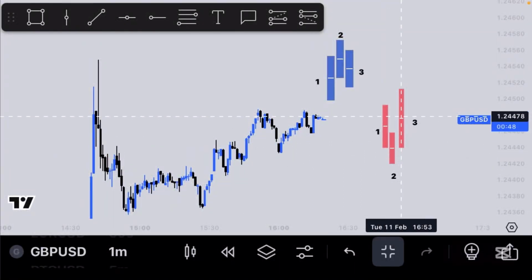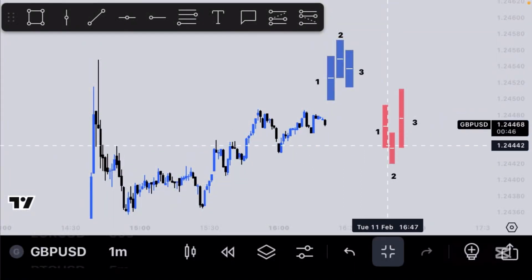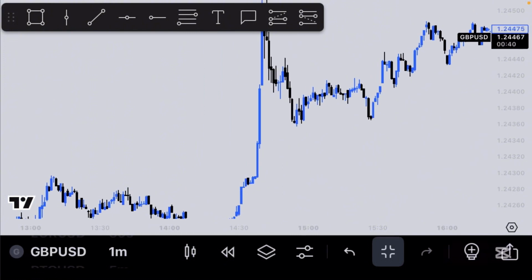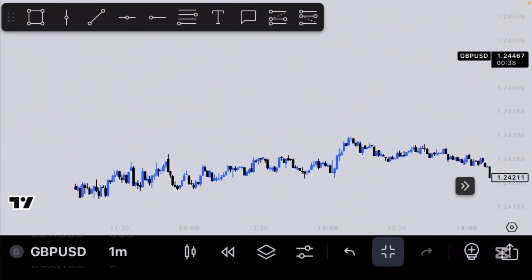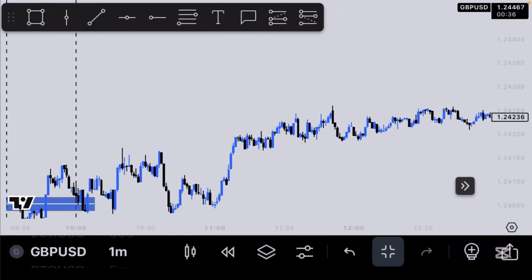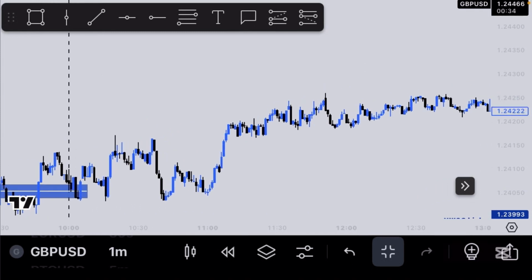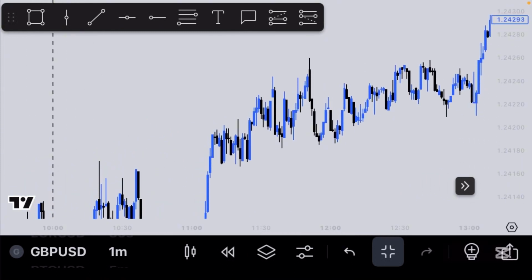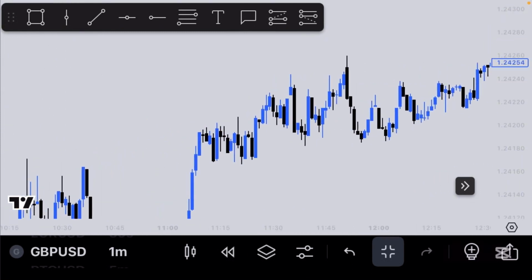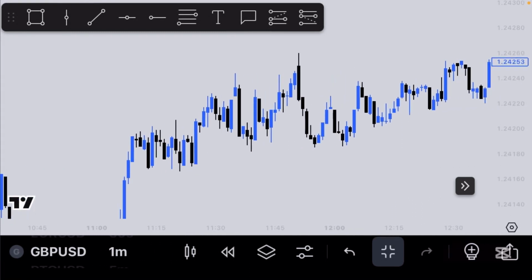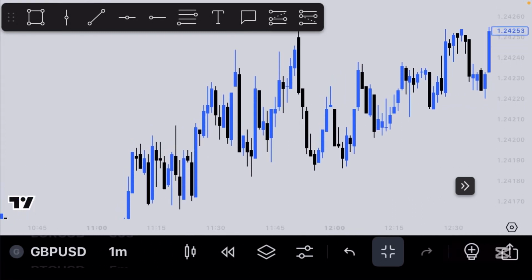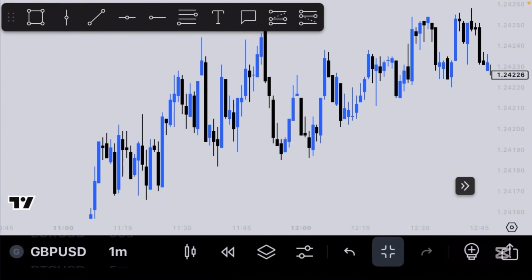That's how you can identify them very easily. So without wasting much of our time, let's go into the chart and identify them. Let me use this region here. Let me zoom in very well so that you'll be able to see for yourself how clearly you can identify it.